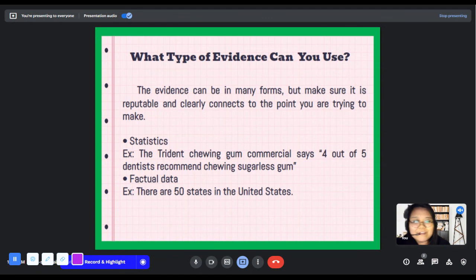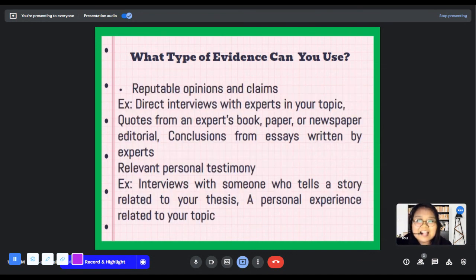Next, we have factual data. This data should be widely agreed on by most people or supported by other reliable information. If you say there are 50 states in the United States, you have to make sure that there are really 50 states in the United States. Next, we have reputable opinions and claims.